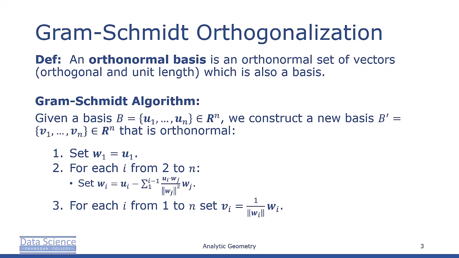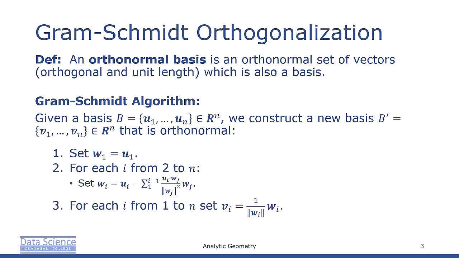Then, for every i from 2 to n, we set wi equal to ui minus the sum from 1 to i minus 1 of ui dot wj over the length of wj squared times wj. Here our index is j.